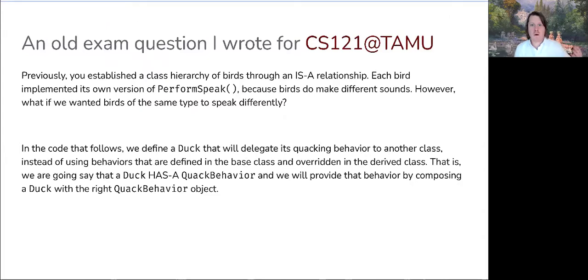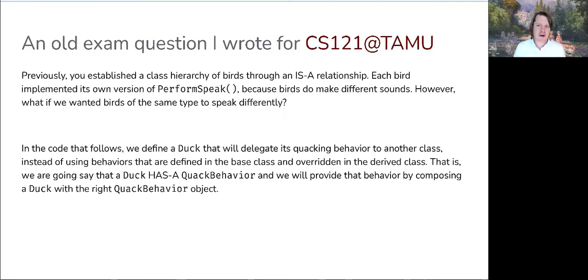I don't know what the penguin noise is. I'm not going to try to do it here. The blue jay might chirp. But again, each specific type of bird had its own way of speaking. However, the question becomes, what if we wanted birds of the same type to speak differently?